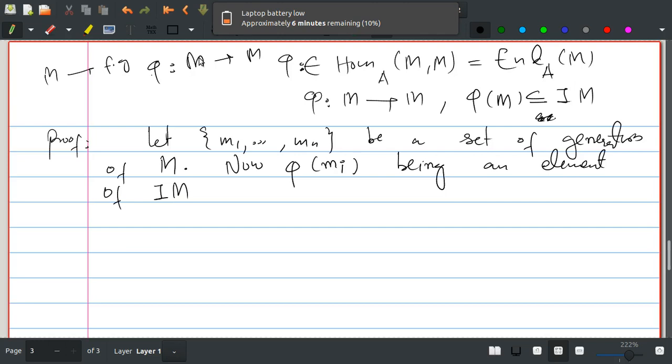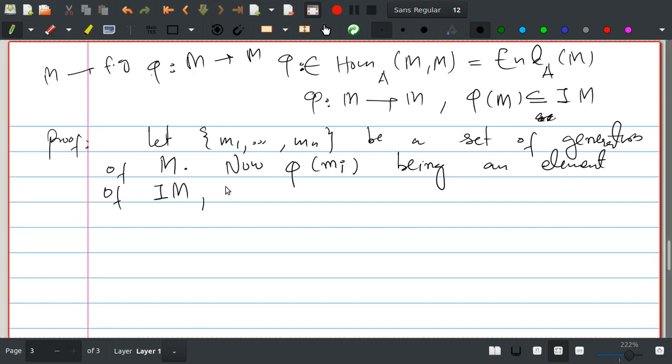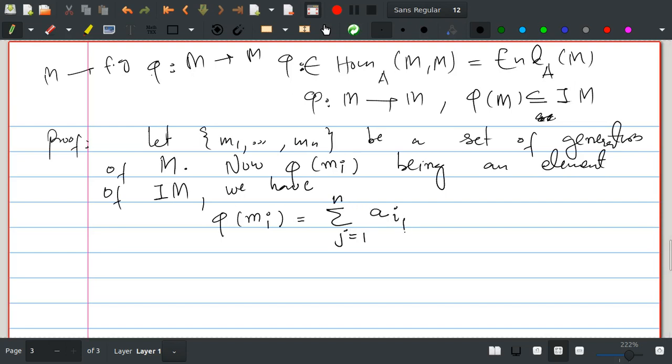I mean, so we have phi of this little m_i. This is the element sum over j, j runs from 1 to n, a_ij m_j, where this i runs from 1 through n.